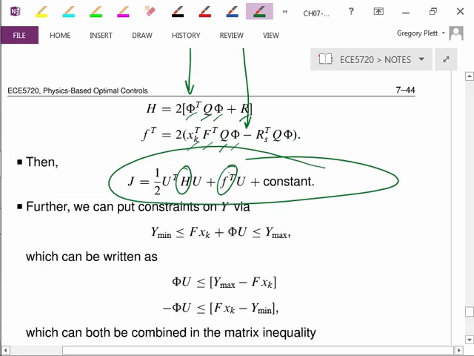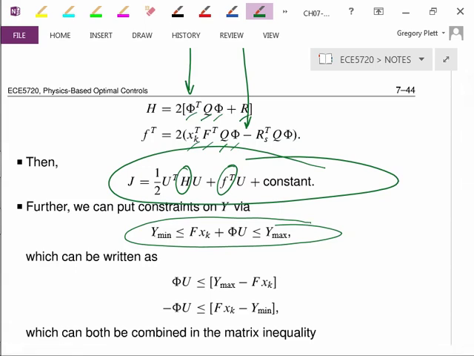Again, model predictive control is unique among control methodologies in that it allows us to put hard constraints on some of the control variables. So we do that here. We say y min is less than y max, and y was fx plus phi u.